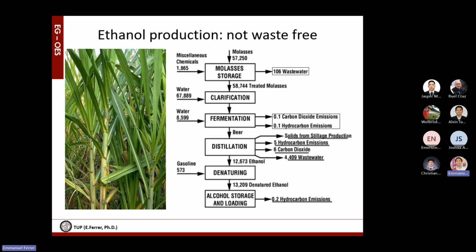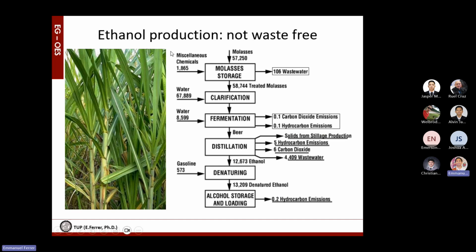In the Philippines, the most popular is sugarcane. It's direct because the sugarcane extract or juice already contains simple sugar. Simple sugars can be fermented to produce alcohol in the form of ethanol. Essentially, that's what happens.